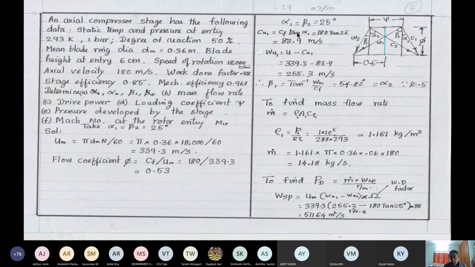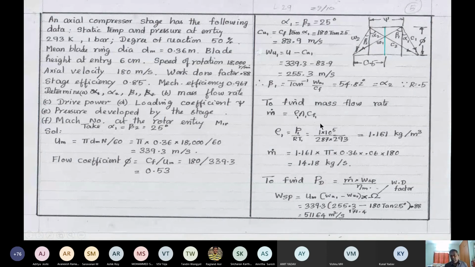So beta 1 is tan inverse WU1 by Cf. First you can calculate WU1, which is U minus CU1. CU1 is Cf tan alpha 1. Alpha 1 is known, Cf is known. So CU1 is known. So finally, from this set of equations, you can get beta 1, which is also equal to alpha 2, because it is a 50% reaction machine.